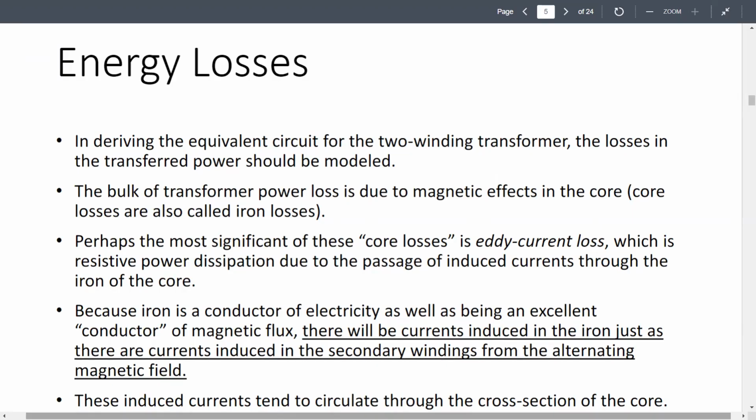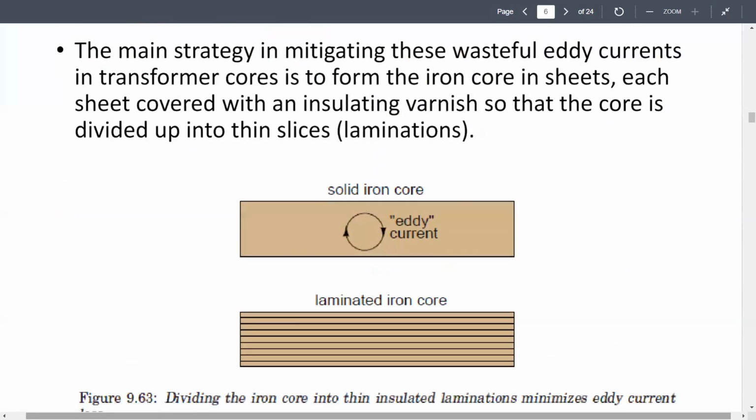They stack them one on top of each other and make a block out of it. They don't use a solid iron core. They use laminated slats like this so that they can reduce the amount of eddy current losses.